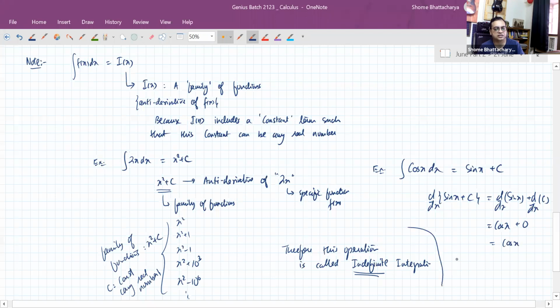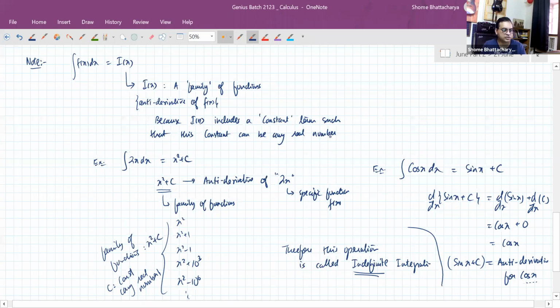So we can say that sin x plus c is the antiderivative for cos x. So this is a definite function cos x, but this is an indefinite answer. This is a family of functions. It could be sin x plus any value, as long as that value is a constant and not a variable.